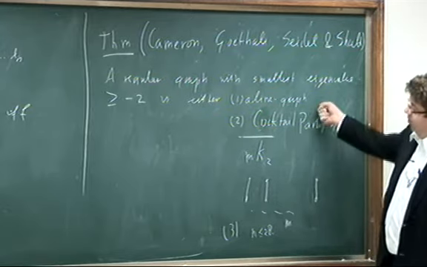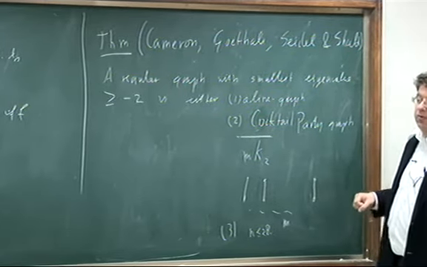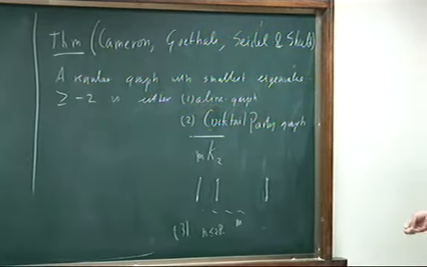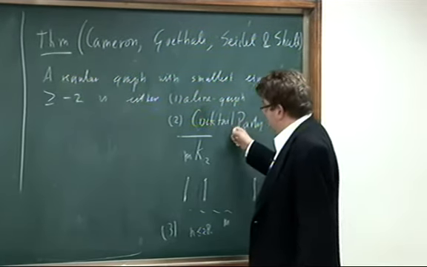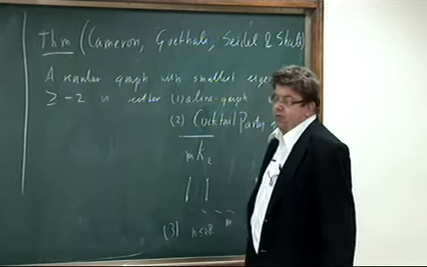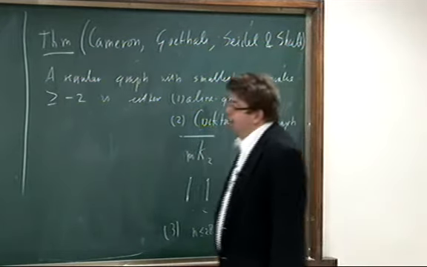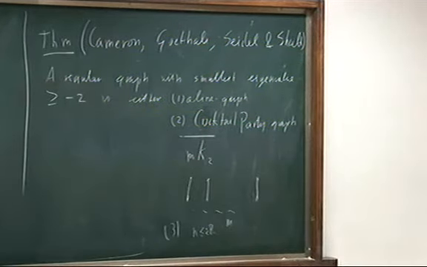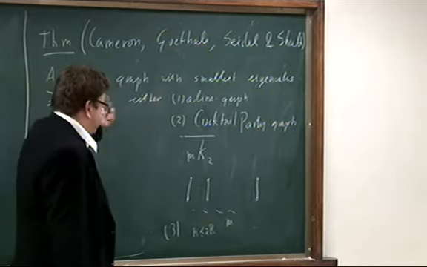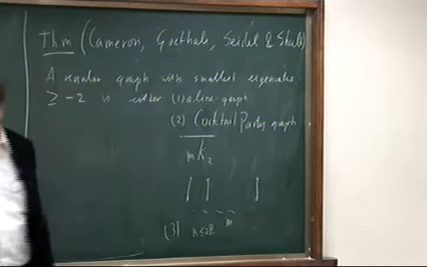So this, in a sense, characterizes line graphs. Yeah? Because this is fairly easy to see, and also easy to check, and for the rest you must have a line graph. So if you see that the smallest eigenvalue is at least -2, then you know it's exactly always a line graph.